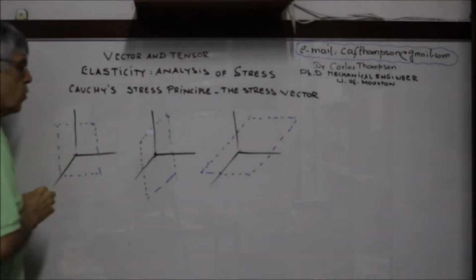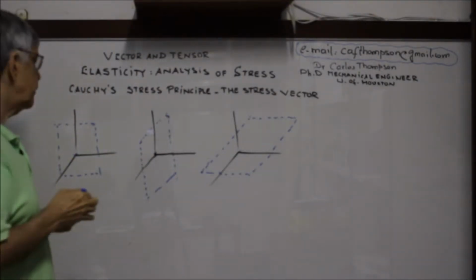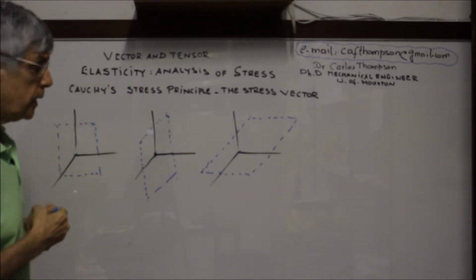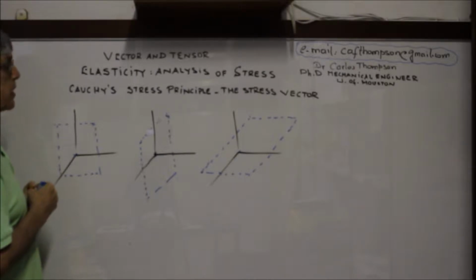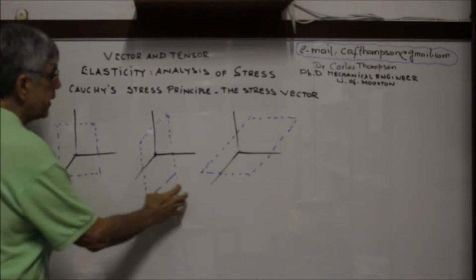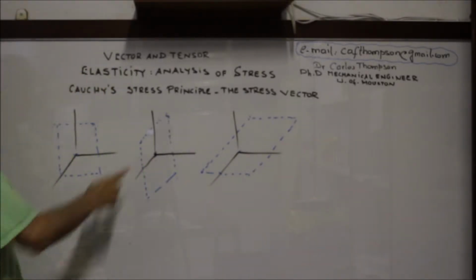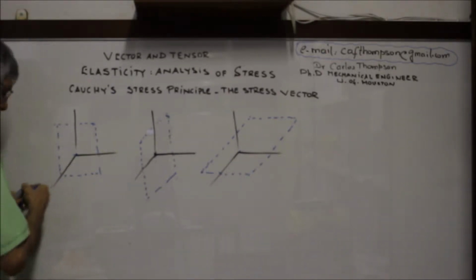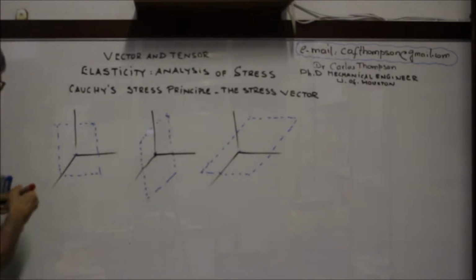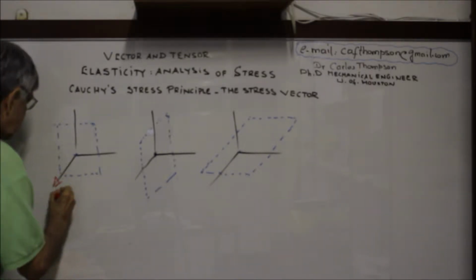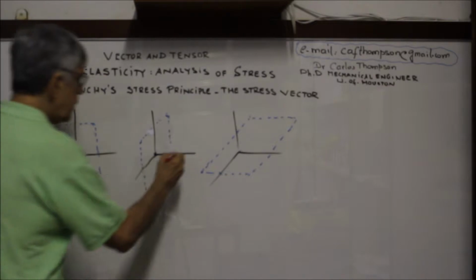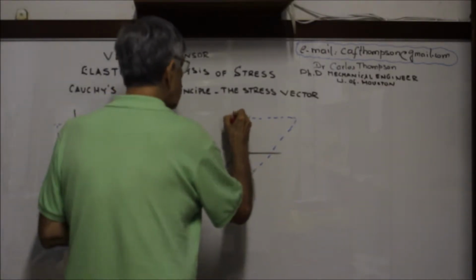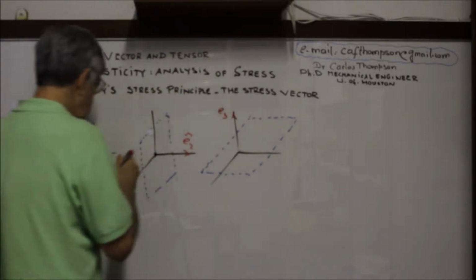As I said before, fortunately, the stress vector components can be represented in the three planes, as shown in this picture. Here is a normal vector called E1, here is a normal vector E2, and this is a normal vector E3.